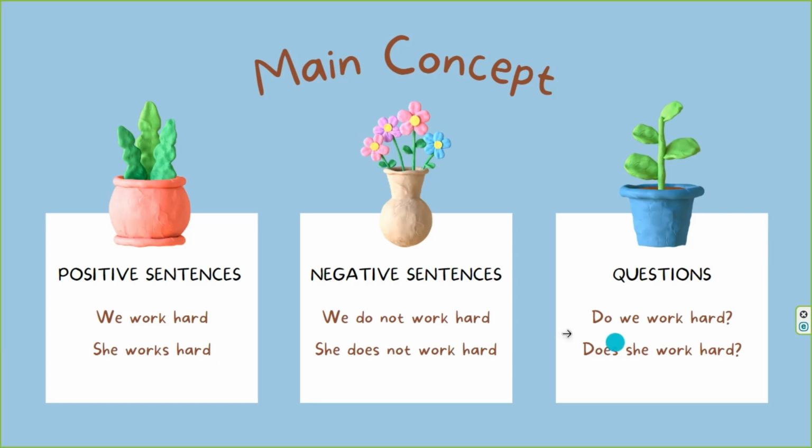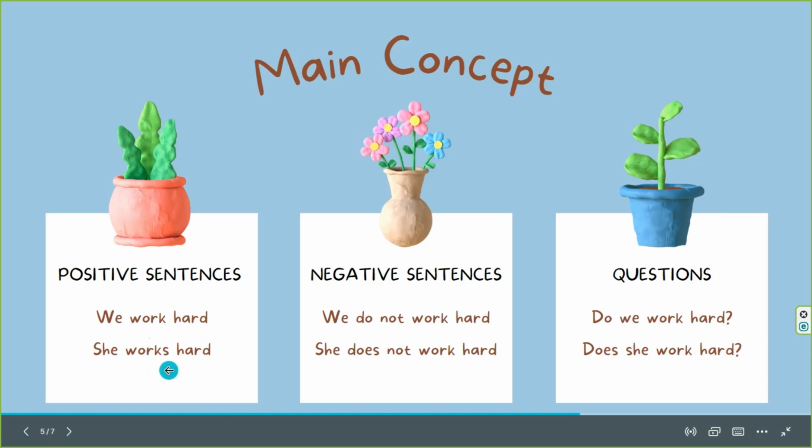When we are talking about the positive sentence, we can say, we work hard. This is a positive sentence in simple present. We have subject, verb, and complement. Okay, let's see another example. She works hard. Same exact exercise.